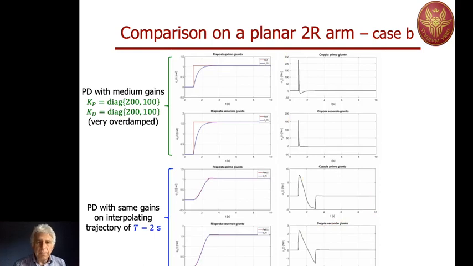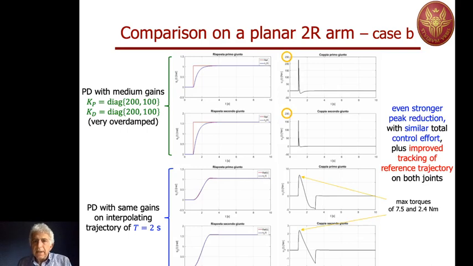In the case B, very over-damped with medium gains, so larger than the case before, same story as before, and you see that the peak reduction is even larger because we reach almost 250 and more than 150, the full scale would be 200 Newton meters for the second motors.